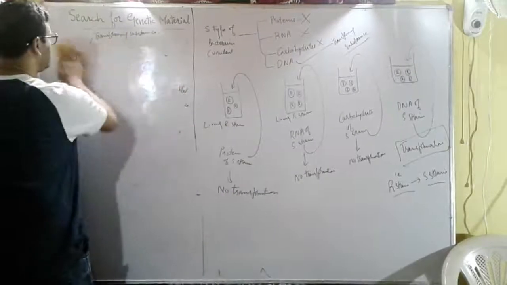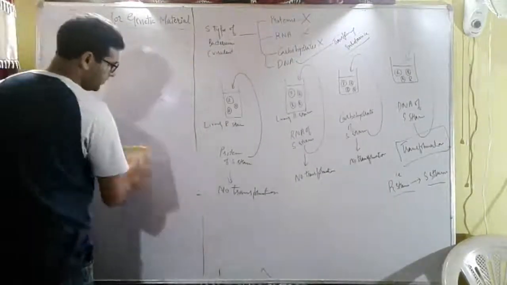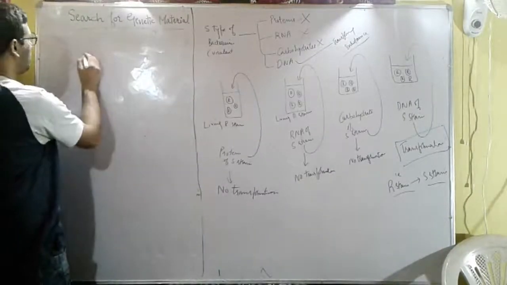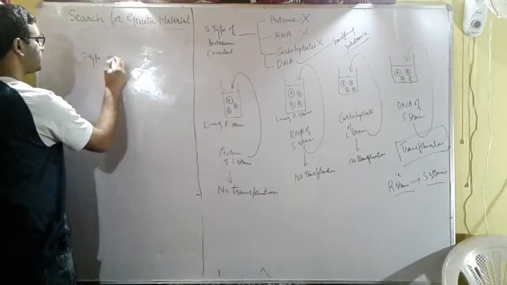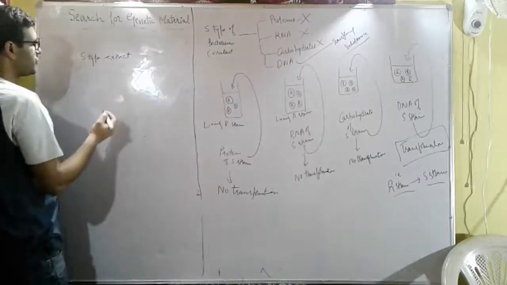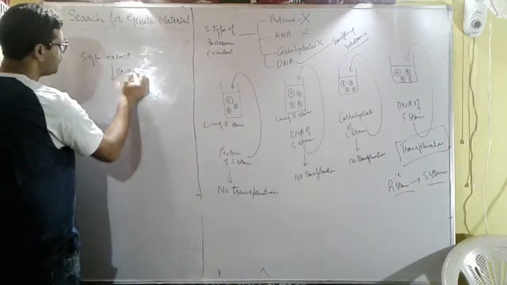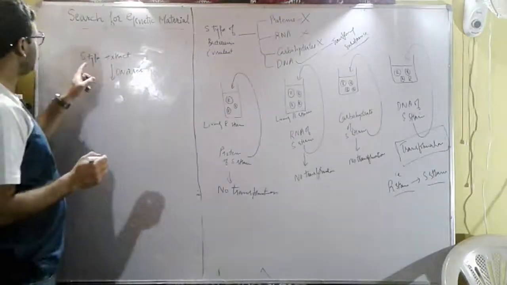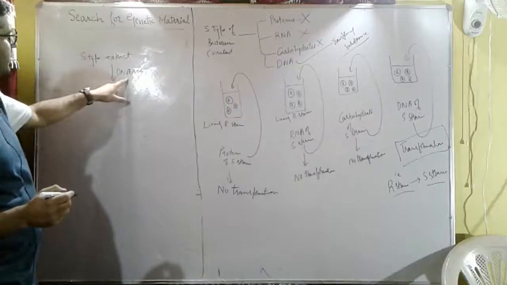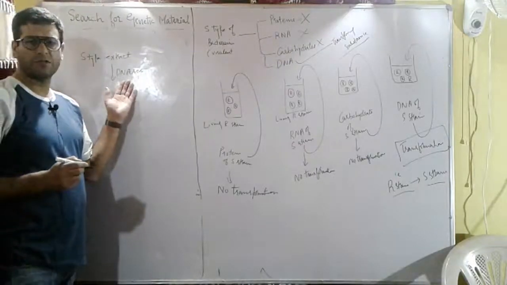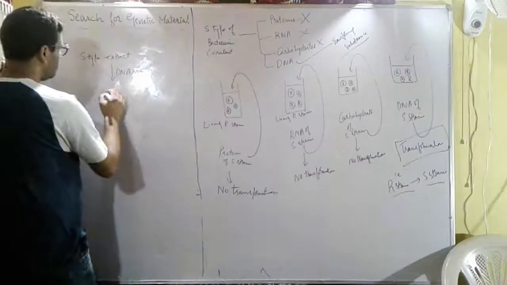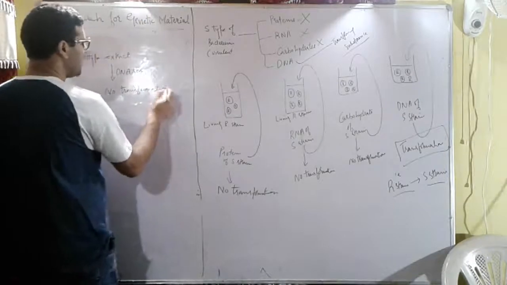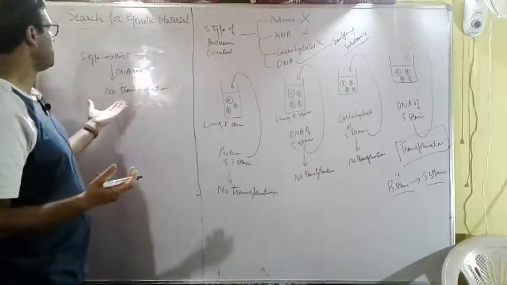They also treated this S type extract with DNases. DNases are the enzymes which destroy the DNA. It was found that there was no transformation, because the DNA has got destroyed, so there would be no transformation.